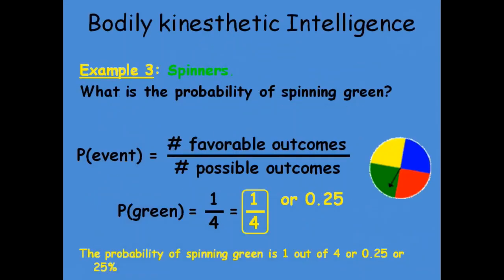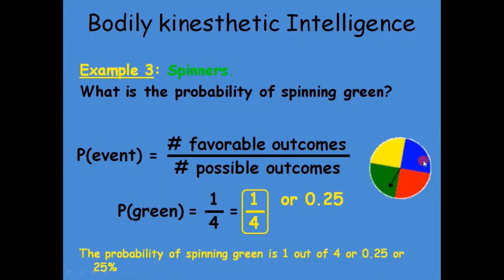Now this is another example. Example number 3, that is of a spinner. What is the probability of spinning green? Probability of an event is again favorable outcomes over possible outcomes. How many green sectors are in the circle? That is only 1. And the total sectors in this spinner are 4: 1, 2, 3 and 4.